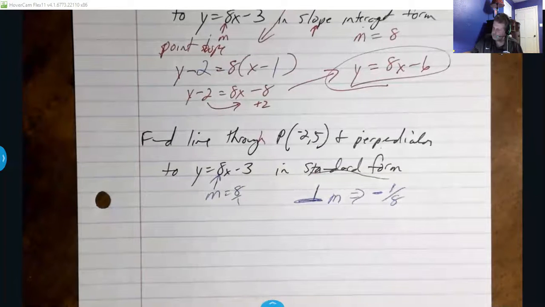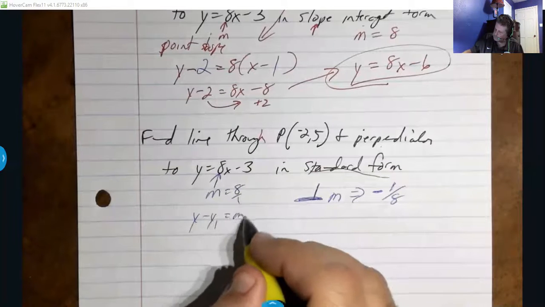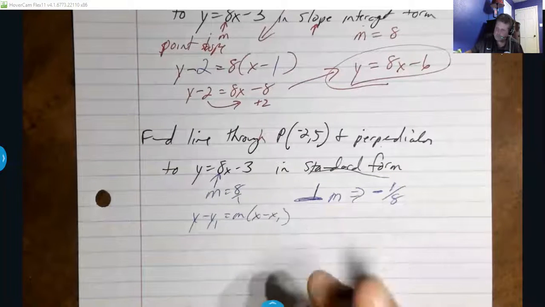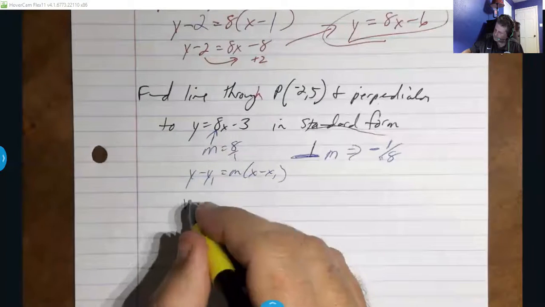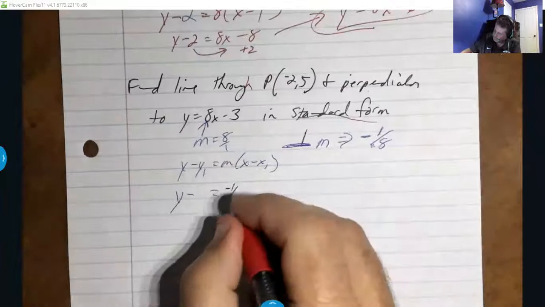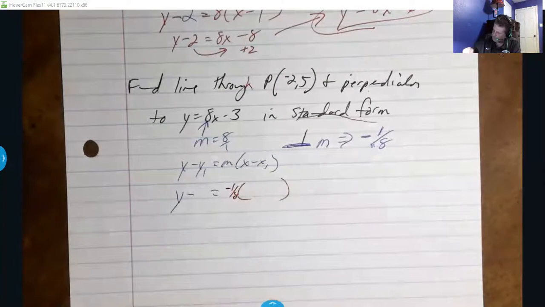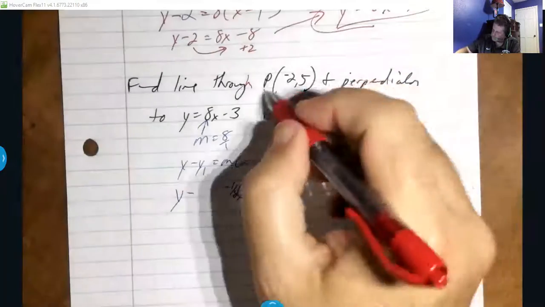All right, so we're going to go back to point slope form. I'll write it one more time here. You always go back and get it. You do not have to memorize it. I'll give it to you. I'm going to plug this in. So it's going to be negative 1/8. And then we're going to take this point here.